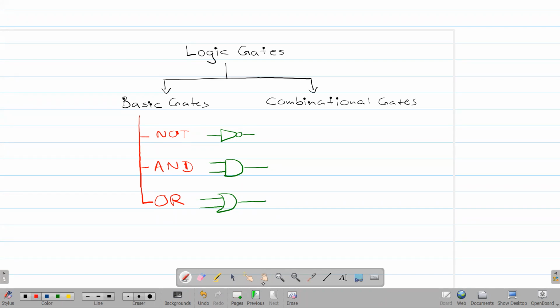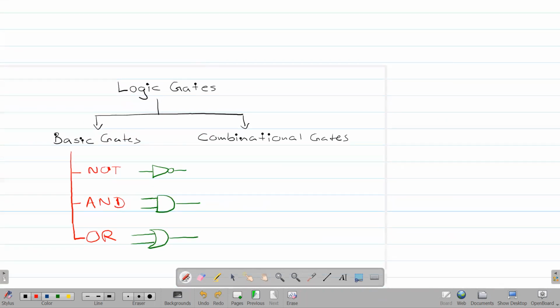Right, and when it comes to the combinational gates, again there are three types, but in your syllabus, you are given only two, which are called NAND and the other one called NOR.